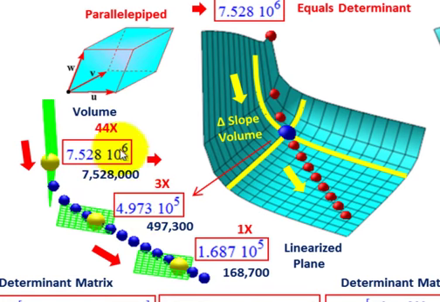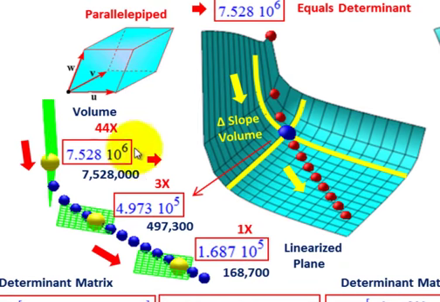So you can see we moved down from 44 times our last point. Just to make a point with this last point, it's 1.687 times 10 to the 8th, 168,700,000. Okay, so that's really our volume, and that represents the determinant. Then that mid-range, just to go over that, it was 497,300, and that's 3 times what our last value was.